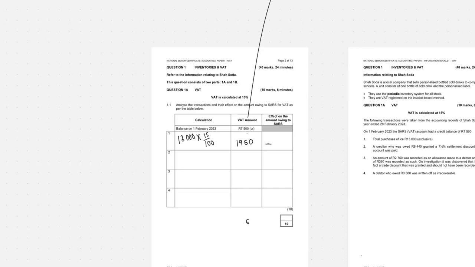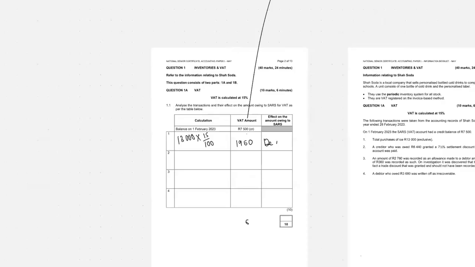Whether you type or you unmute yourself, I need to know it's okay to move on. Christopher, are you okay? Do you understand? Okay, so it will decrease the amount owed. Okay, now let's carry on.